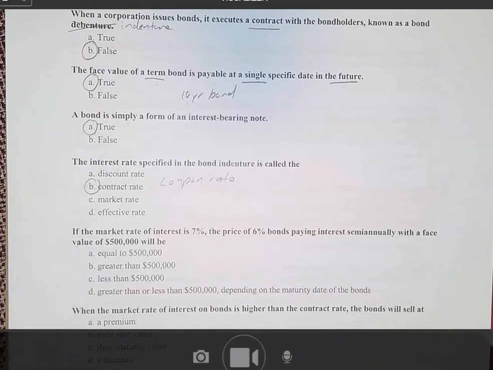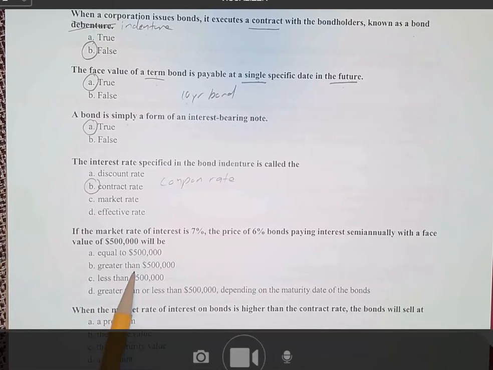All right, so it says right here, if the market rate of interest is 7%, the price of 6% bonds paying semi-annually with a face value of $500,000 will be, okay, and we need to determine whether it's equal to 500,000, greater than 500,000, less than 500,000, or it just depends.